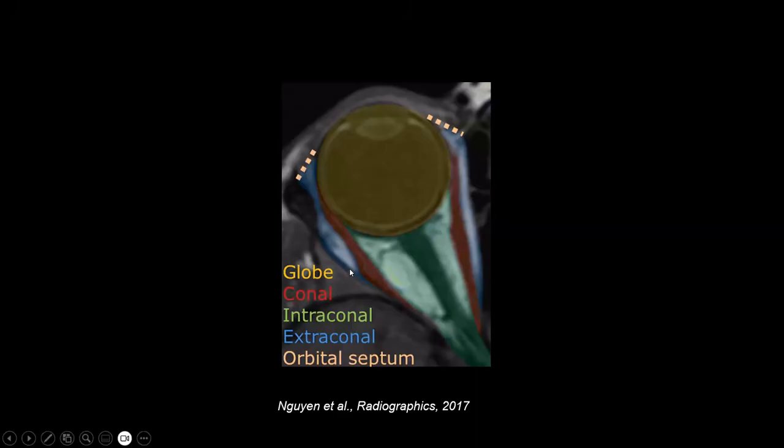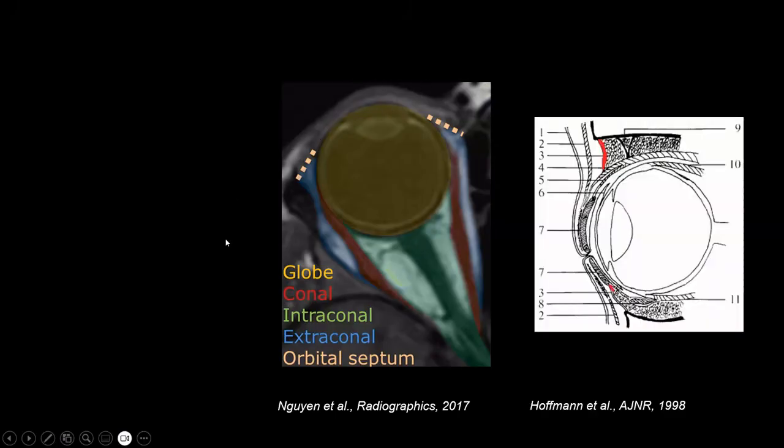So we know this illustration. I made a similar illustration in one of the first presentations on this topic. And we see here the orbital septum, basically forming the barrier between the orbital space and, well, let's call it the exterior tissue.